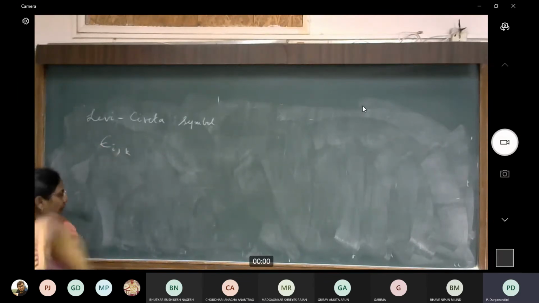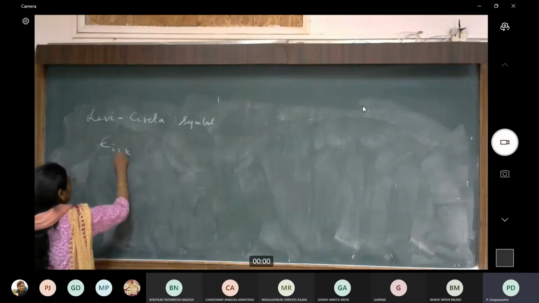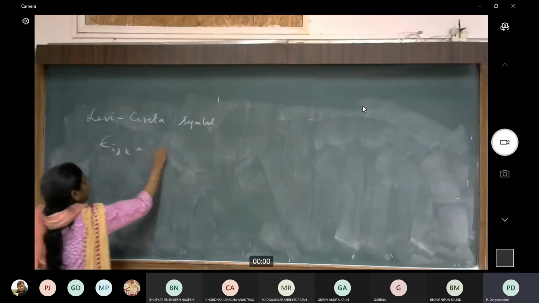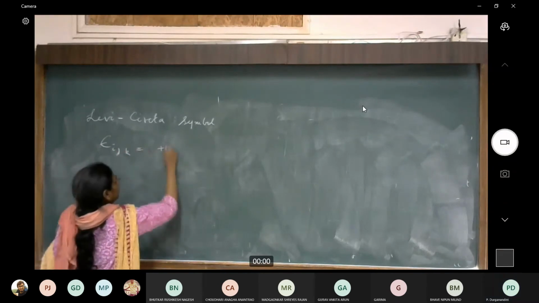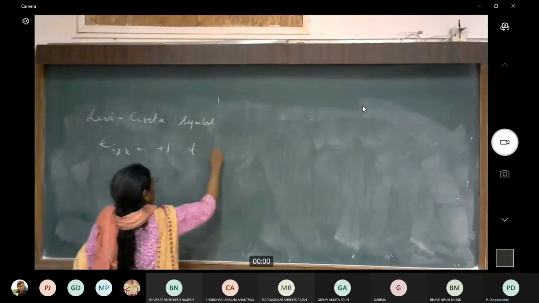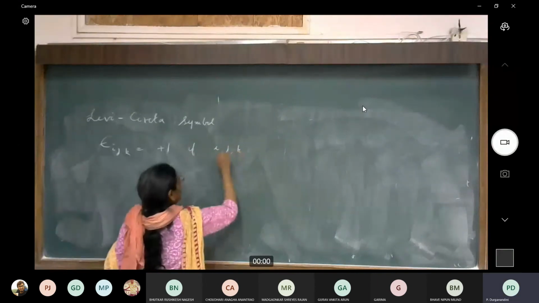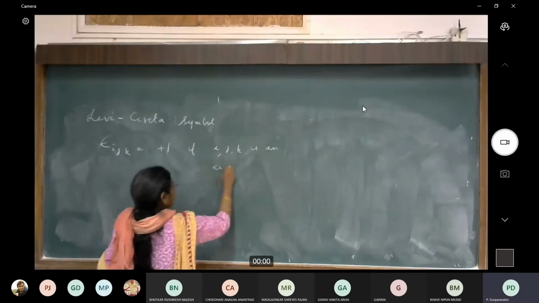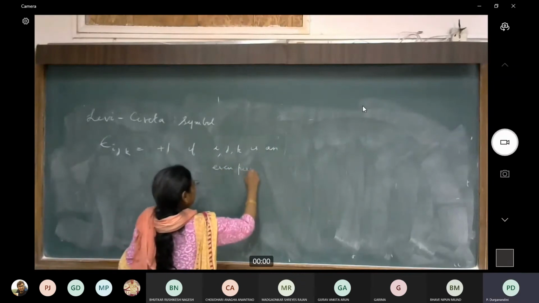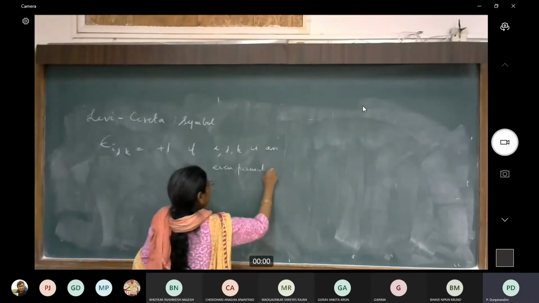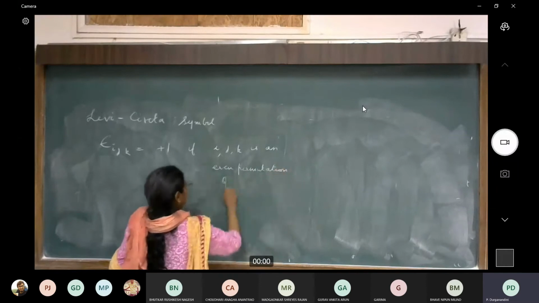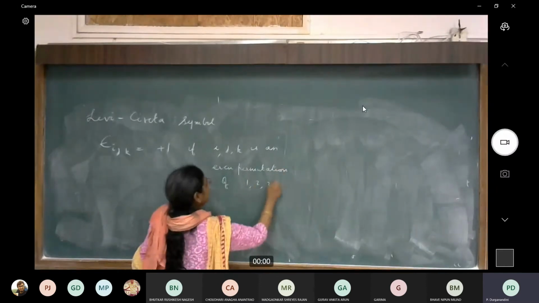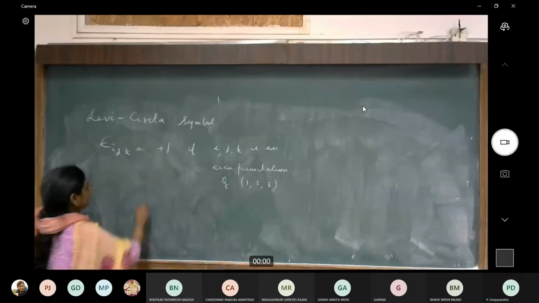And now I define it in the following way. This is equal to +1 if ijk is an even permutation of 1, 2, 3.